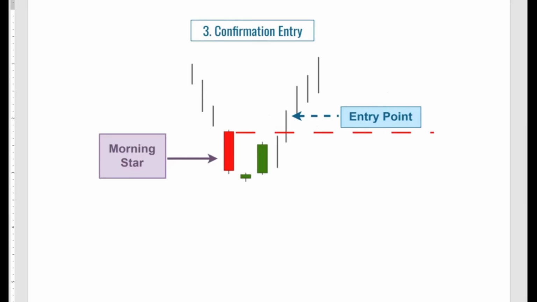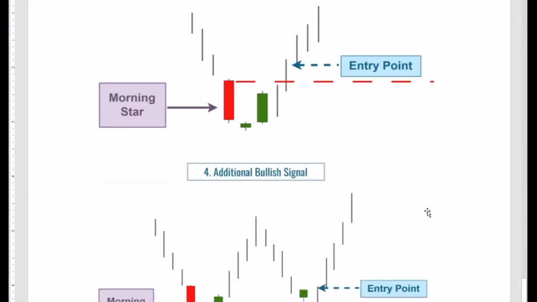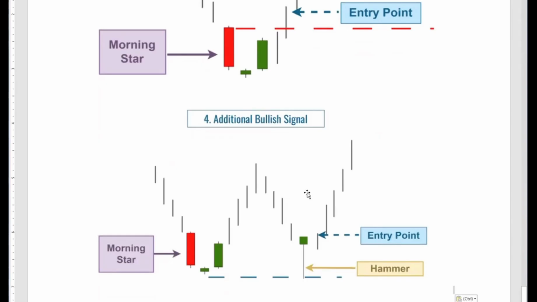And the last option that you can use to set up the signal with the Morningstar pattern is an additional bullish signal. So this is going to be a combination.